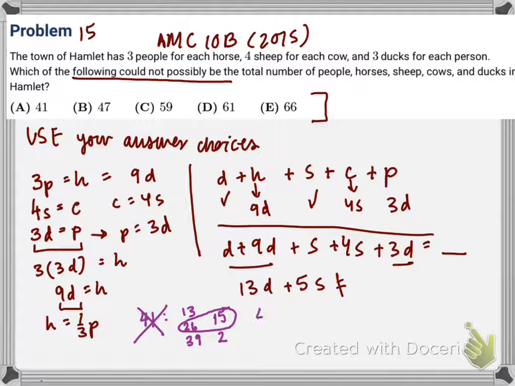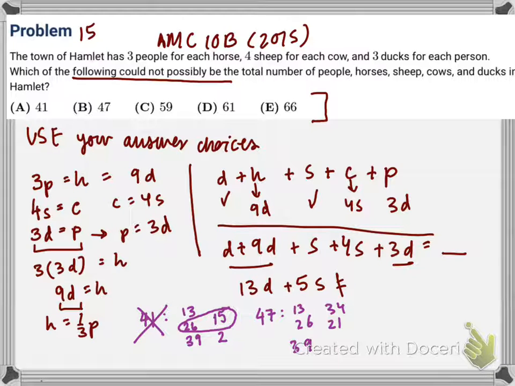Let me next look at 47. So I have these multiples, 13, 26, 39. When I take 13, I know 47 can be written as 13 plus 34. 47 can also be written as 26 plus 21.